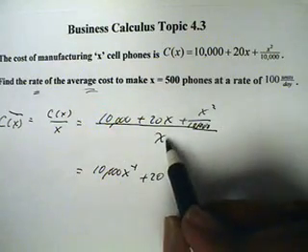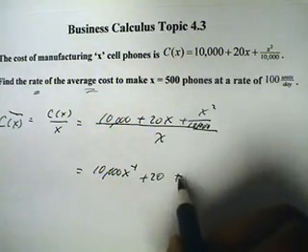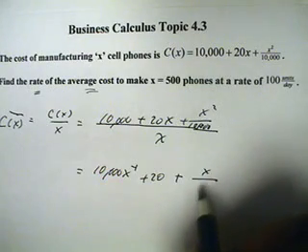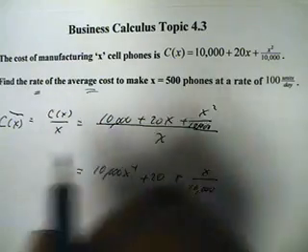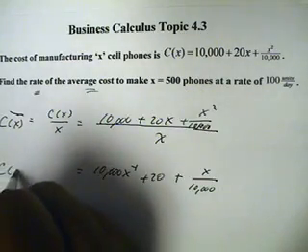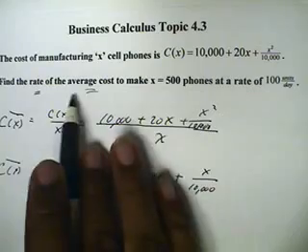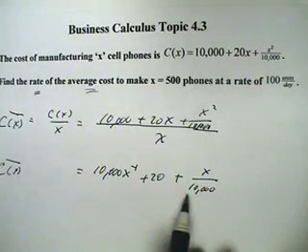And x squared divided by x will be just x, so that'll be plus x over 10,000. Okay, so now we have the average cost function right here.